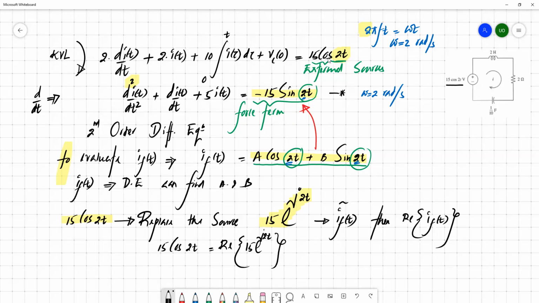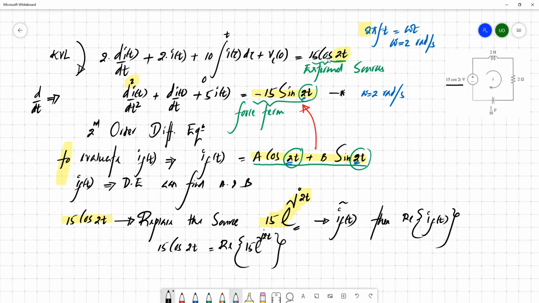So therefore we take the real component of whatever force response we obtain for this exponential source. So this is the second way, because if we replace this cosine term with an exponential source, we need to evaluate only a single constant.